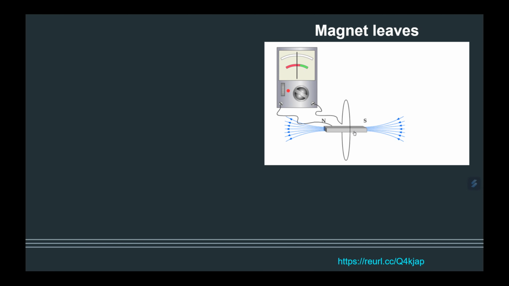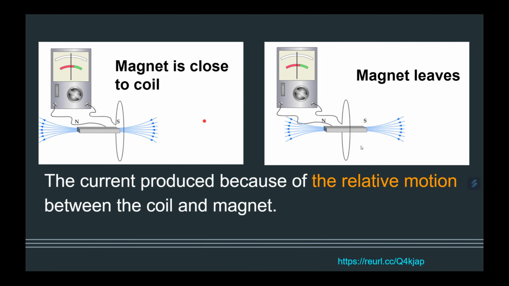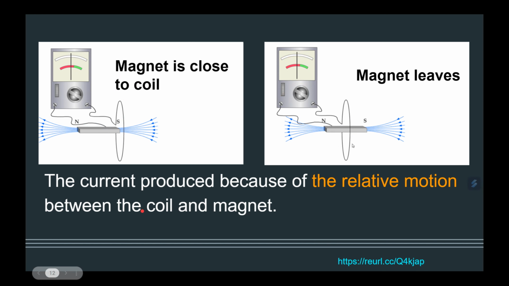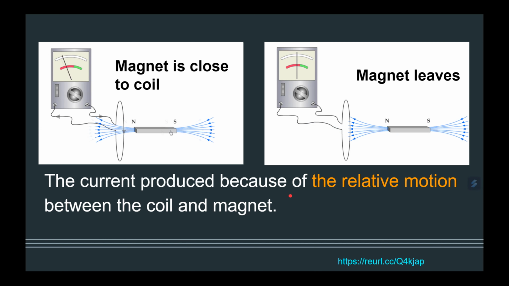So we can see that whether the magnet is approaching or leaving, it can generate current, and the galvanometer detects it. But we can understand the direction is different here. This is leftward and this is rightward. So let's see again: the current is produced because of the relative motion between the coil and the magnet.